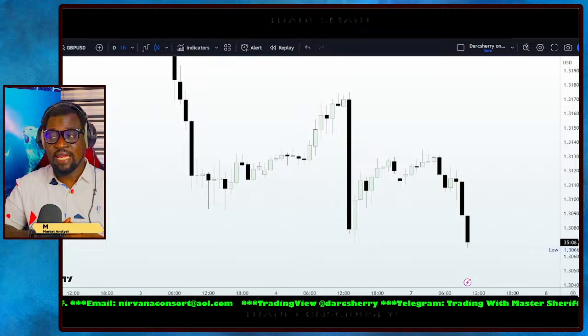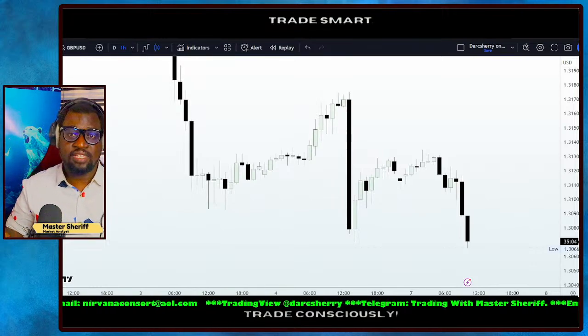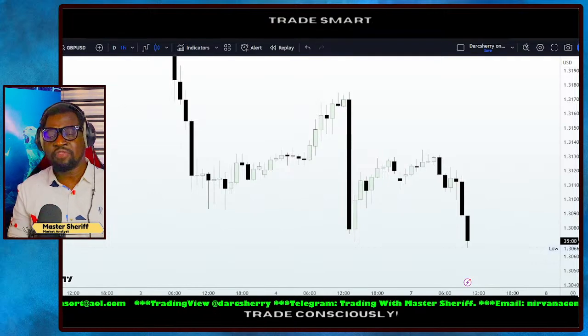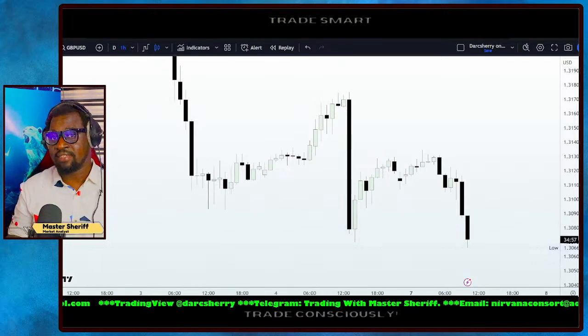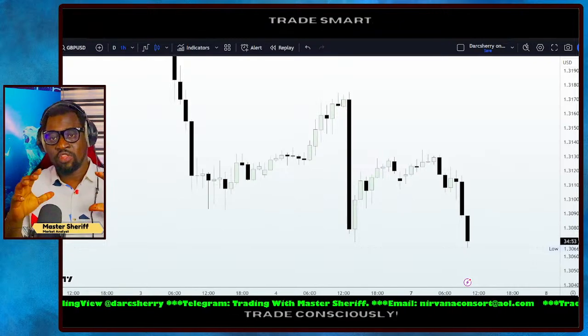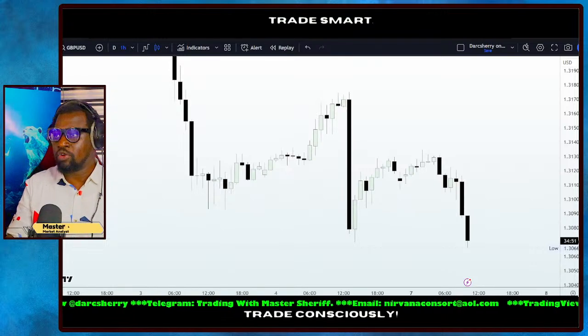So for me, I still think that the path of least resistance for the British pound remains bearish. But let's see how the market participants have digested this contrasting information and what their intentions are based on the behavioral structure we can see on the chart.